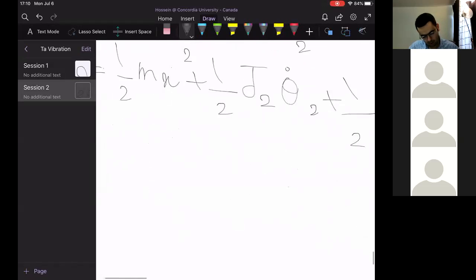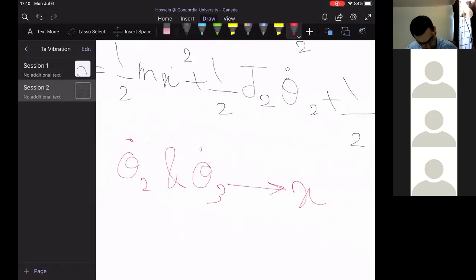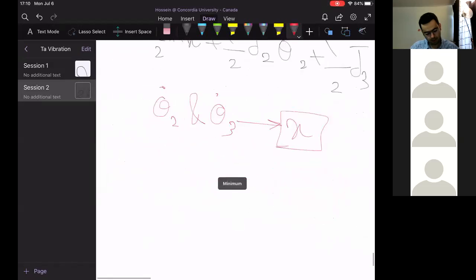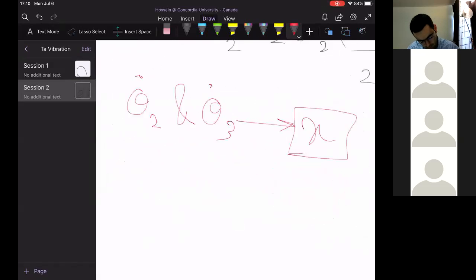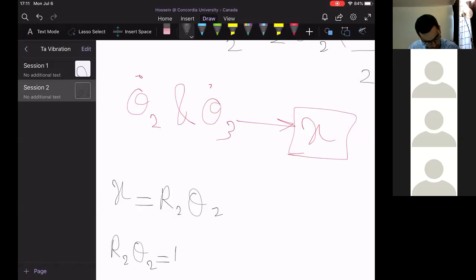We have to change theta dot 2 and theta dot 3. We have to write them in terms of x. So we obtain that x is r2 theta 2, and also r2 theta 2 is equal to r3 theta 3.